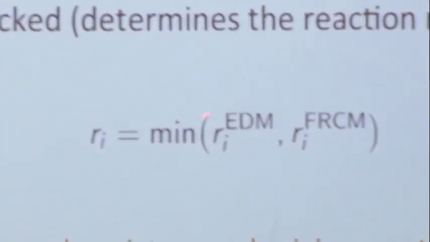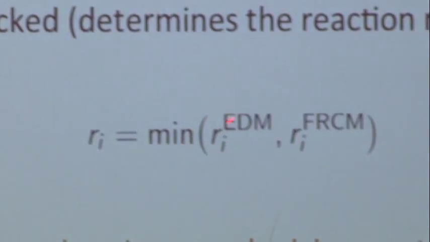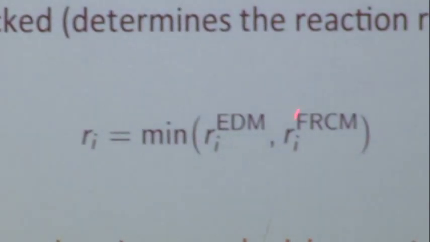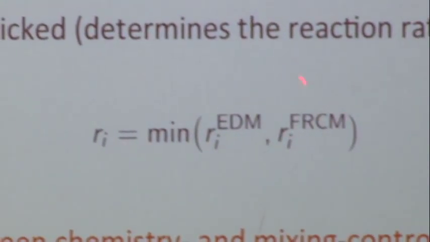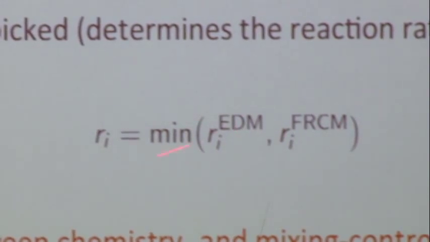Okay, and so here, same thing. You have a reaction rate. You get a reaction rate from the fast chemistry model and one from the fast mixing model, and you take the smaller one of the two, and that gives you your reaction rate.